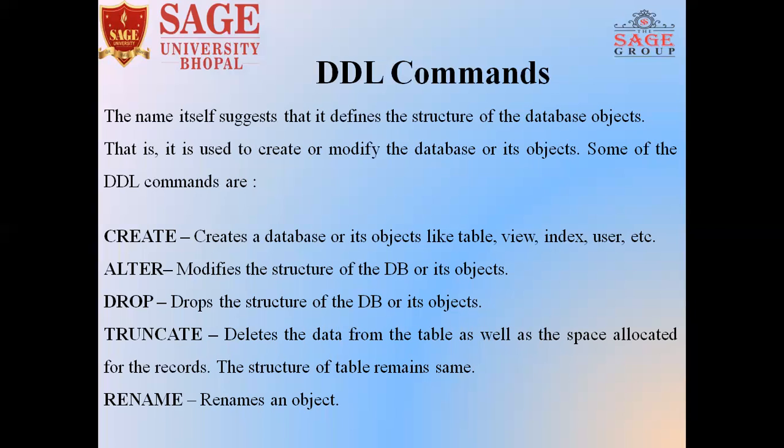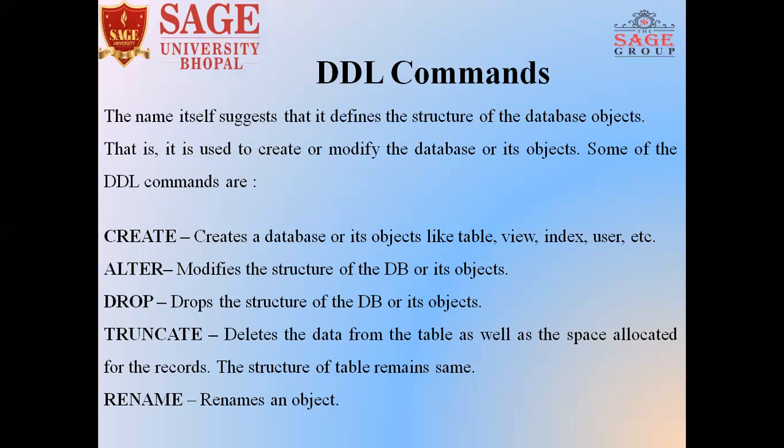With the drop command, you can drop the structure of the entire database, the entire object, the entire table. That means if you want to remove your entire table, if you want to remove your entire database, then you can use the drop command.